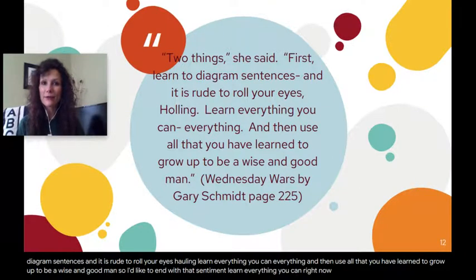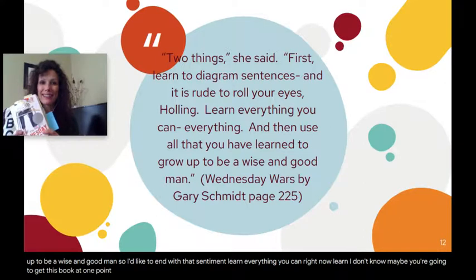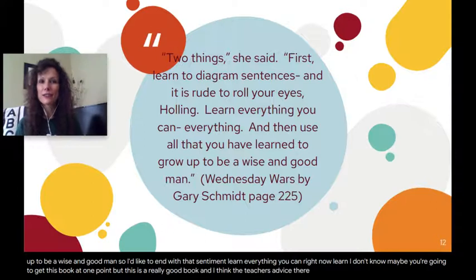And then just work on growing up and making good choices. Grow up to be a wise and good man. That's great advice. Maybe you're going to get this book at one point, but this is a really good book, and I think the teacher's advice there is a good one to leave you with.